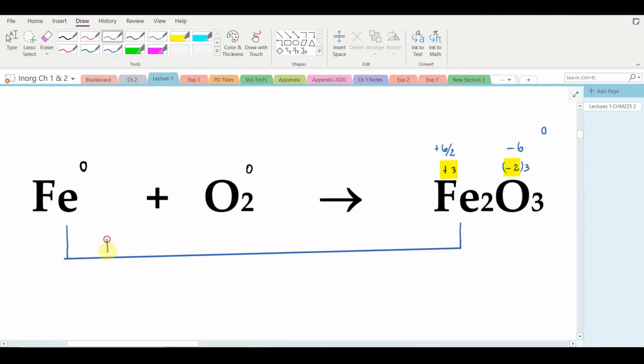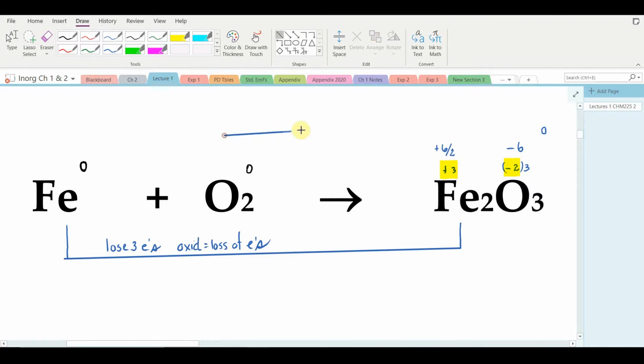In fact, it lost 3 negative charges, which are electrons. And losing electrons has a name, and that's called oxidation. We define oxidation as the loss of electrons. So when iron is oxidized, it's actually losing electrons.